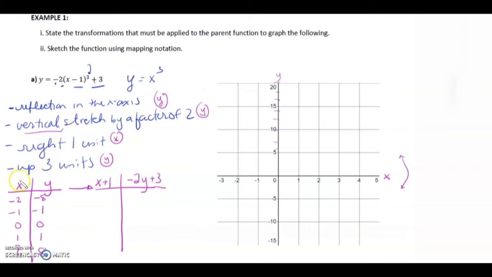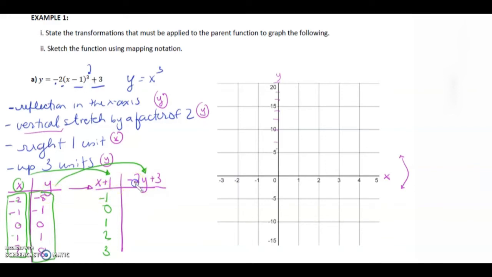And we are going to take every x value in this column, and we're going to sub it into x plus 1. So -2 plus 1, -1 plus 1, 0 plus 1, 1 plus 1, 2 plus 1. And now we're going to take every y value and sub it into this y in this expression.